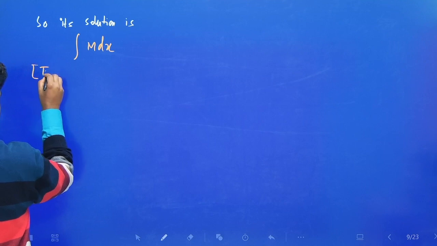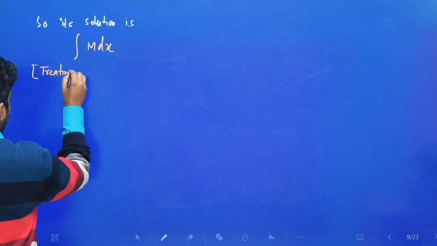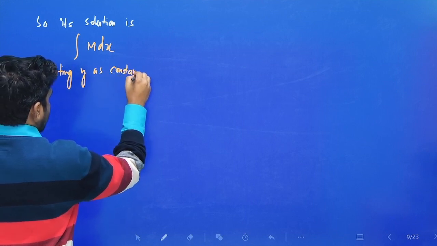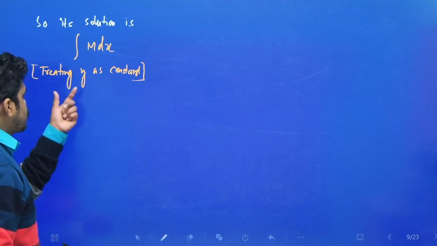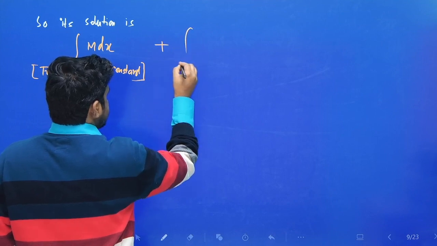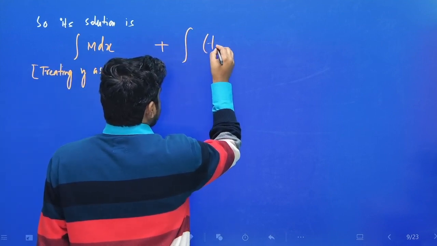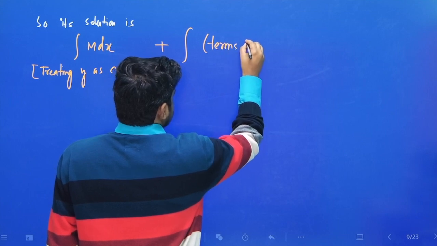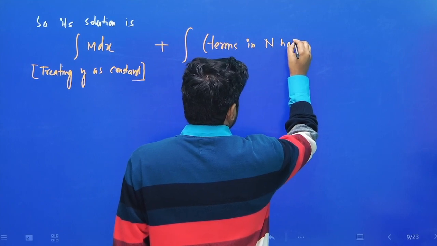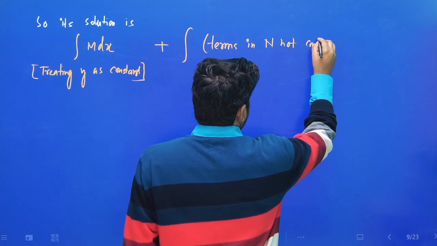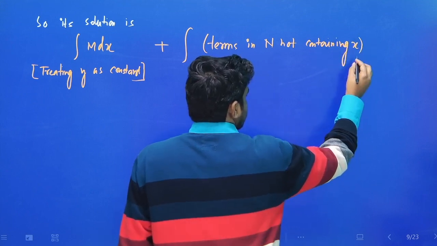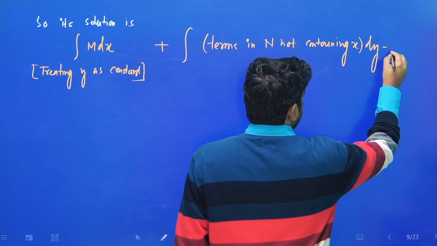treating y as constant. That means we have to integrate treating y as constant, plus integration of terms in N not containing x, dy, is equal to c.